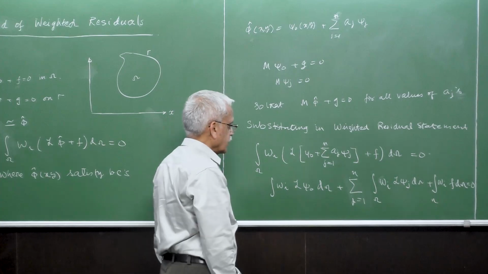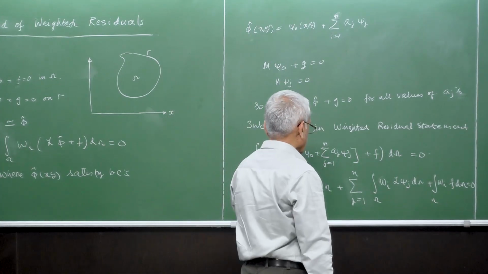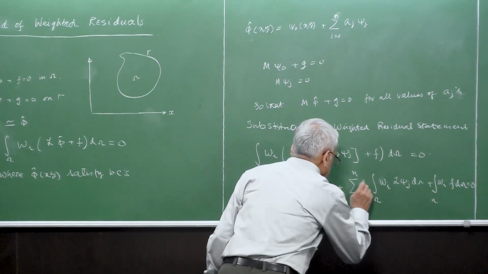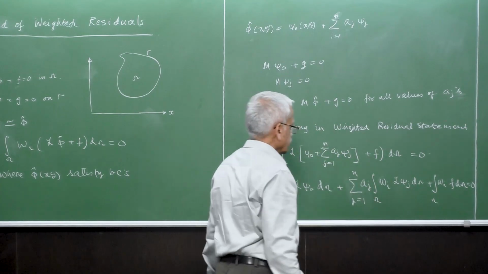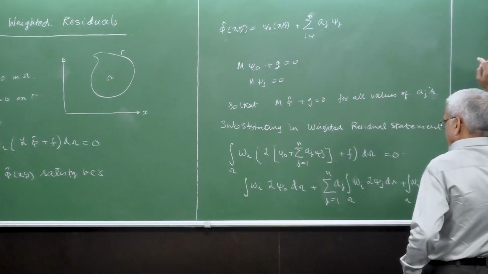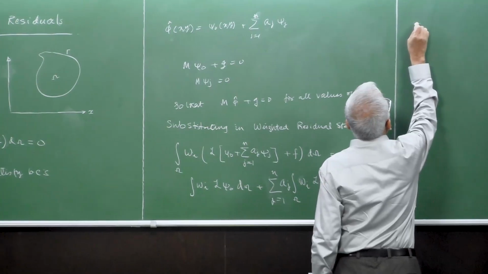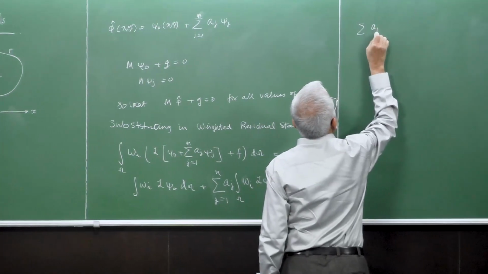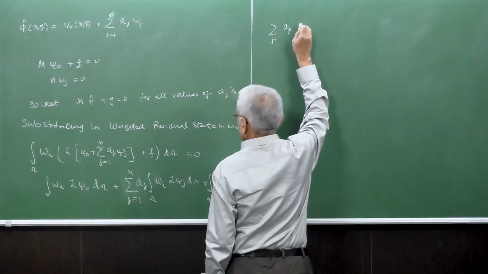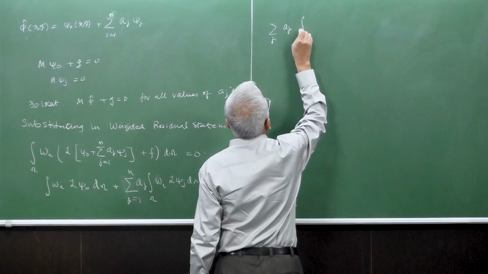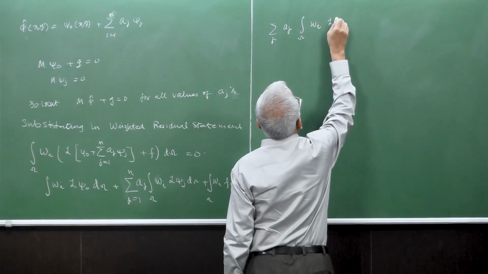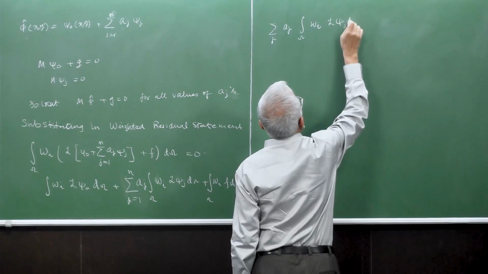So here, let's collect these terms. Sorry, there is one aj here. Let's collect the terms on one side: this one, aj, Wi, L psi j.